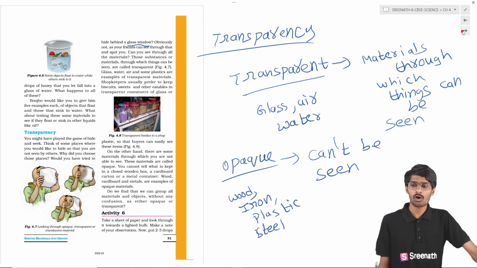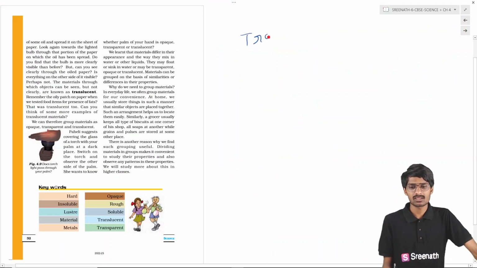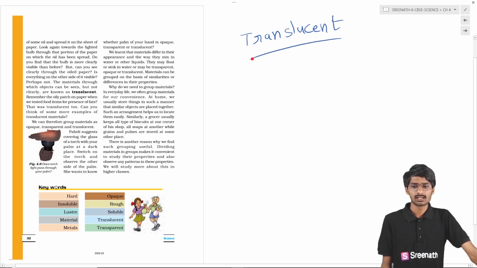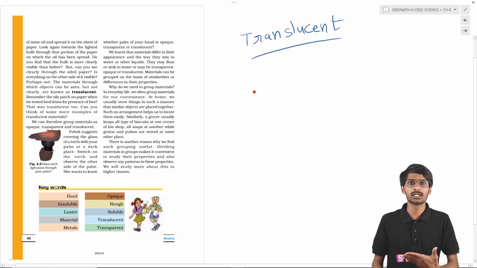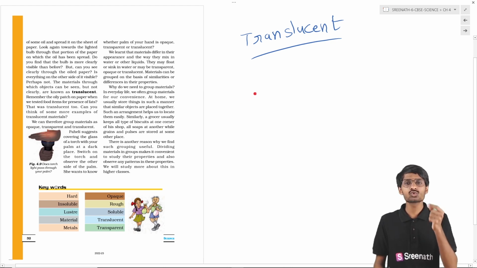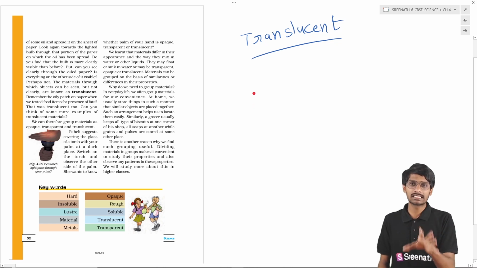And there is another property that we call translucent. What is it? Take a white paper and add 2-3 drops of oil to it, and try to see through the paper. Then you will see things, not clearly, but you will see them.